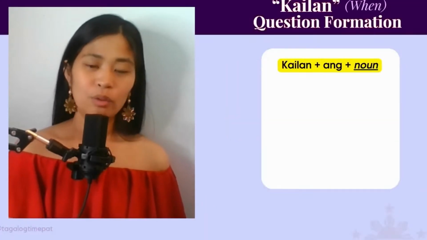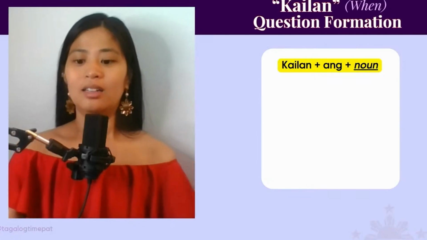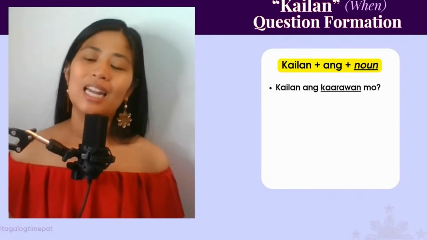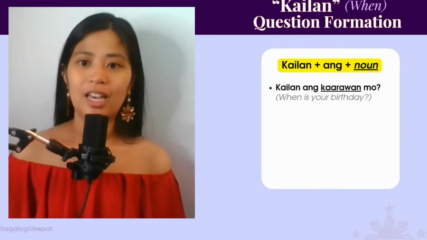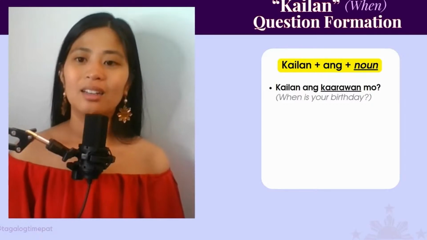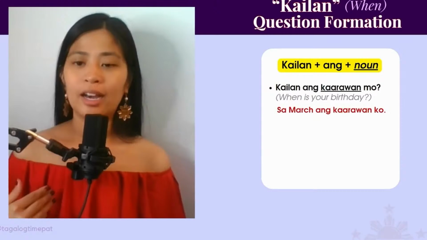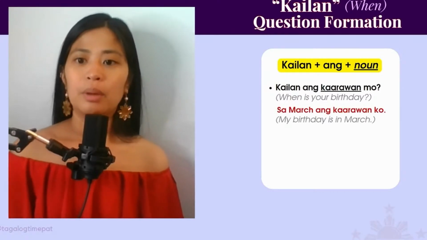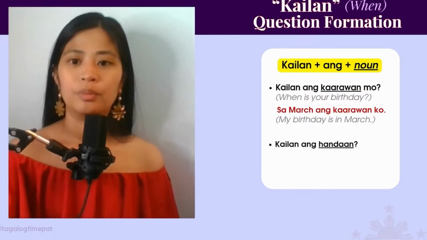So if you want to use it in a question, it would be kailan ang, and then a noun. Kailan ang kaarawan mo? When is your birthday? Kailan ang kaarawan mo? Sa March ang kaarawan ko. My birthday is in March. Sa March ang kaarawan ko.